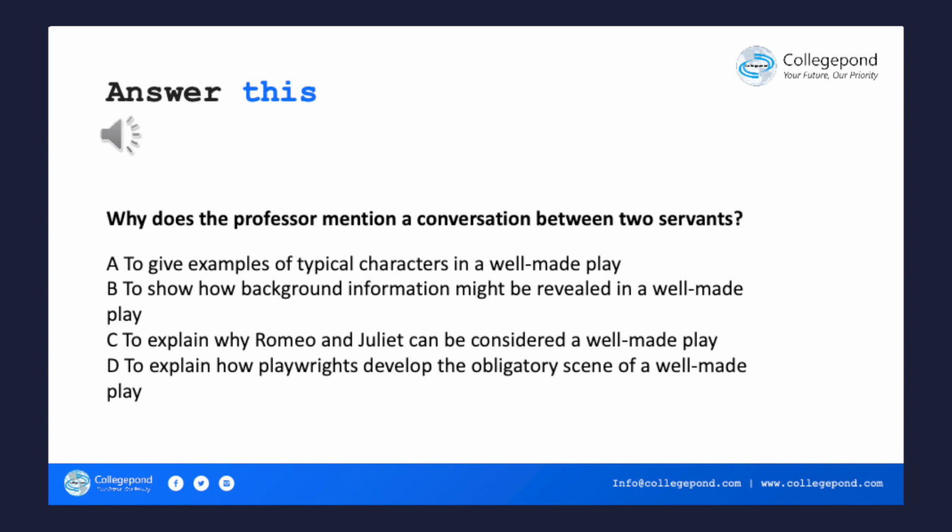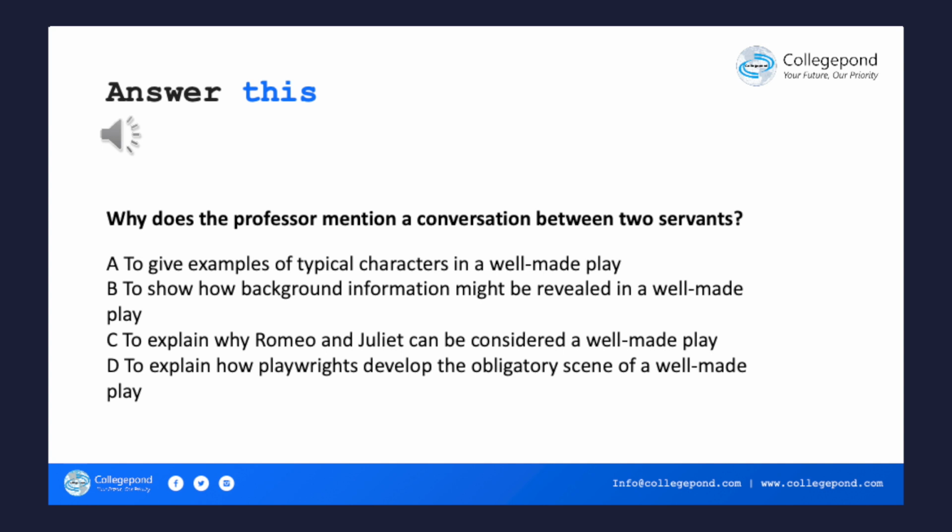Okay, so what are the necessary elements of a well-made play? Well, the first is logical exposition. Exposition is whatever background information you have to reveal to the audience so they'll understand what's going on. Before this time, exposition might have come from actors simply giving speeches.